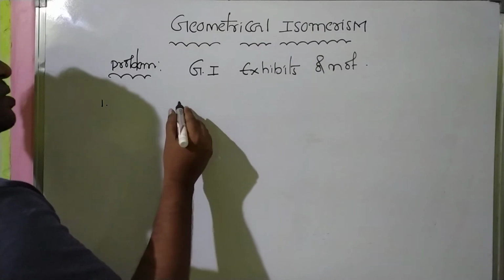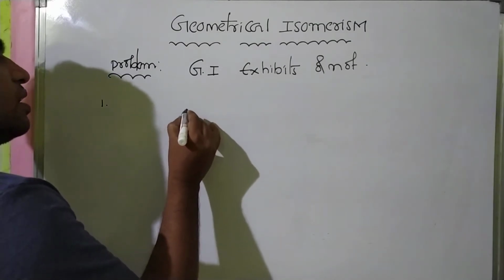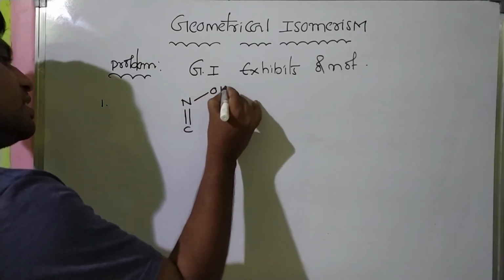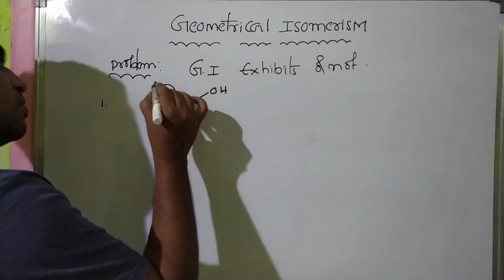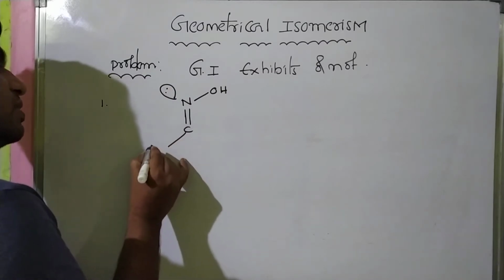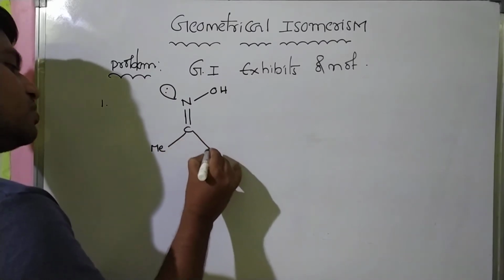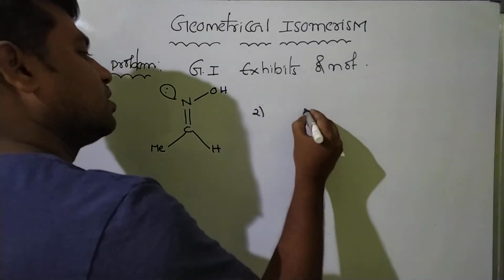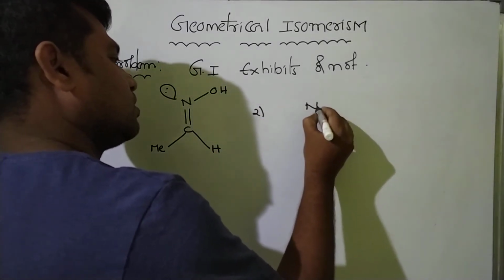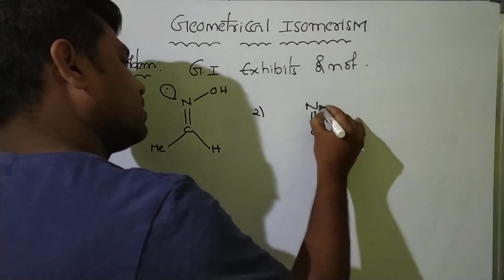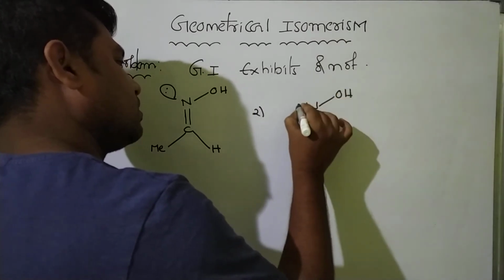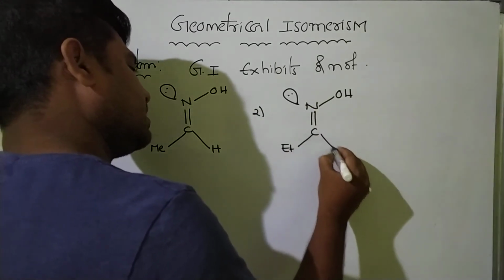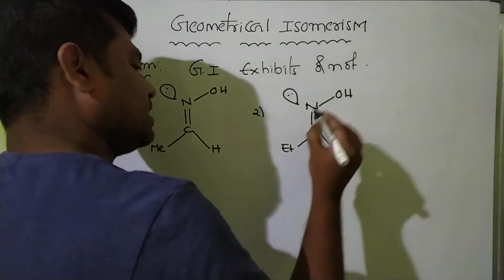The first: C double bond N, OH, methyl, hydrogen. The second: ethyl, methyl.